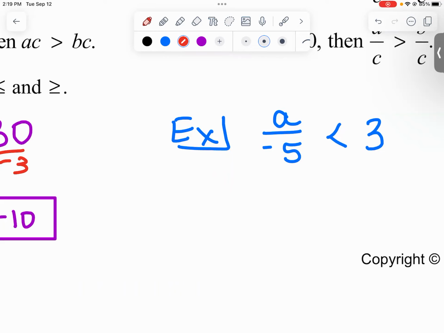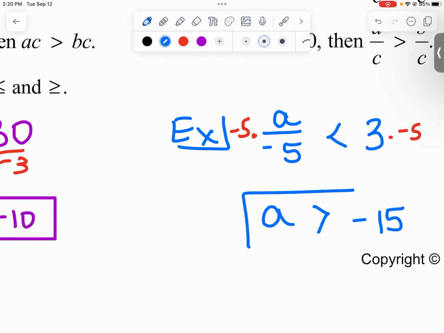Henry? We need to multiply both sides by -5. So we have a, we have -15, but since we multiplied by a negative, we're going to need to flip the inequality sign. Or divide by negative.